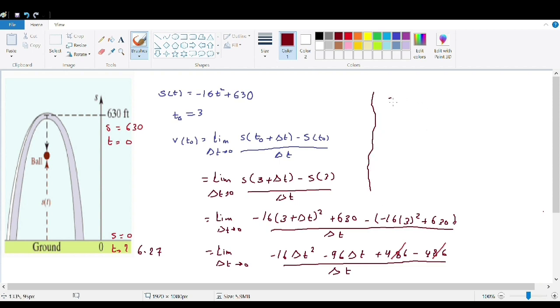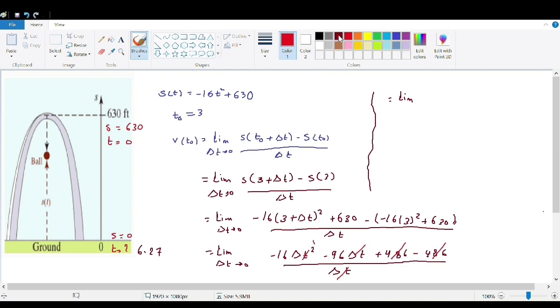So let us complete it here. This is equal to the limit when delta t approaches 0. If we take delta t from here and delta t from here, we divide it by this delta t, so this one will cancel with this one, and we are just left with one.